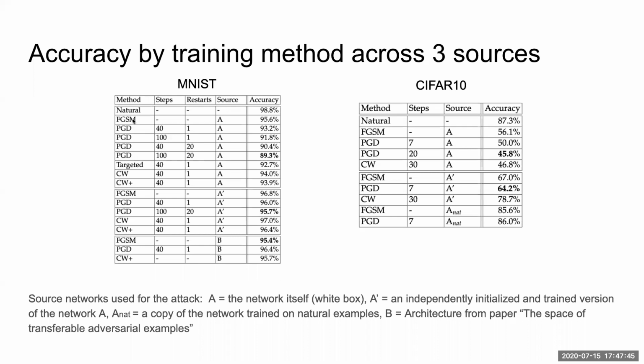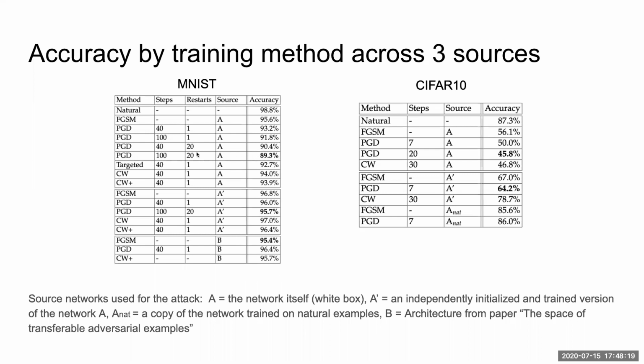And then the method, this relates to the training method. Naturally, if you take a look at the top row in the chart on the left here, you'll see extremely high accuracy, 98.8 for the natural method. The accuracy decreases a bit when we augment the data with our adversary data, but still remains relatively high.